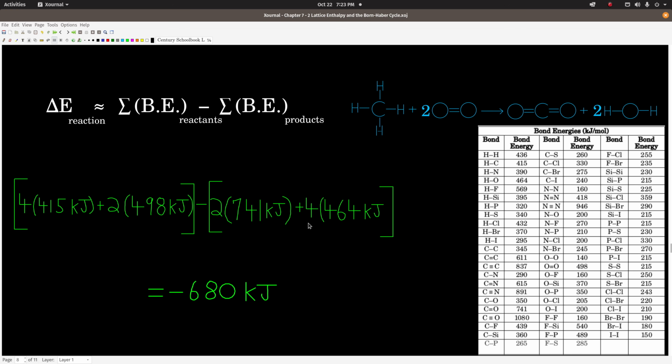That's why we have to multiply the bond energy of the oxygen-hydrogen bond by 4. So we subtracted everything over here. So the left set of brackets is the amount of energy it takes to break apart all the bonds in the reactants. The right bracket is the amount of energy that's released when we reform all of the bonds in the products. When we add these numbers up, we end up getting negative 680 kilojoules, which is reasonable. It's a combustion reaction. We expect that we're going to release a decent amount of energy.